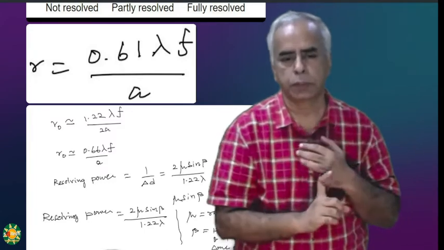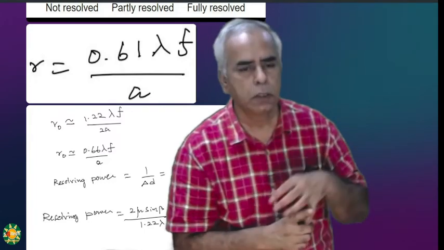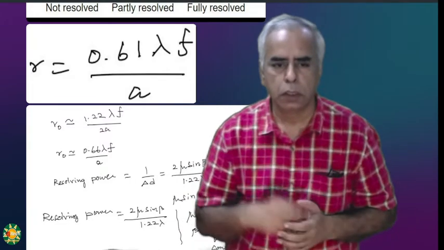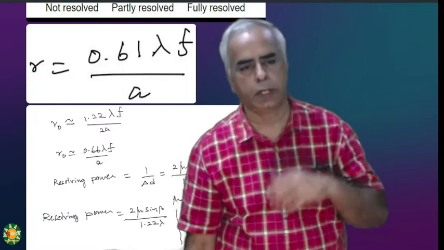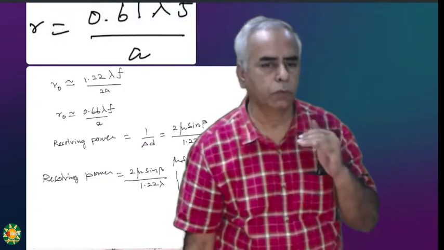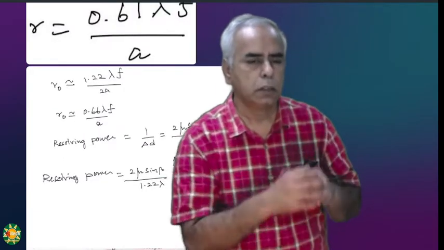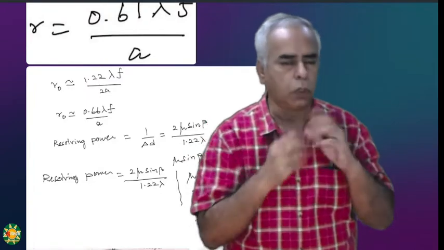Now look at this mu sine beta, that is called the numerical aperture. Here mu represents the refractive index, and beta is called the half angle of the cone of light, from one of the objects.